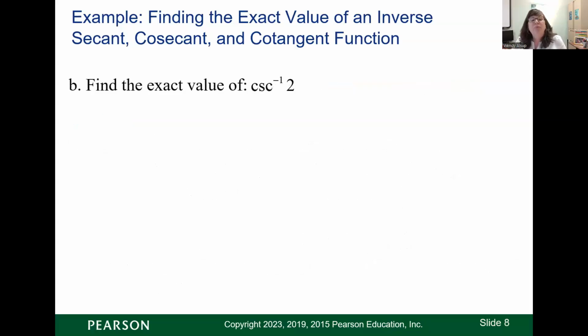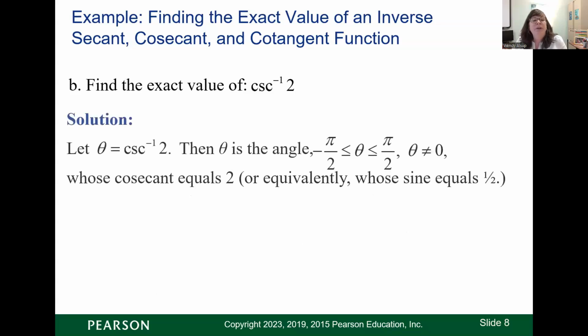How about the inverse cosecant of 2? The theta, our angle, is what angle has a cosecant of 2. For cosecant, its range here is between negative pi over 2 and pi over 2.